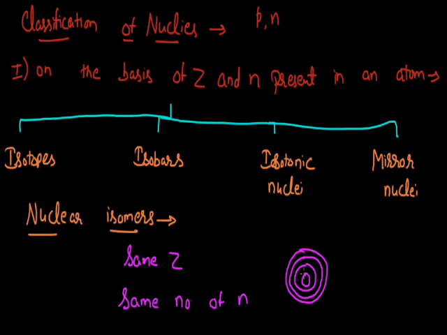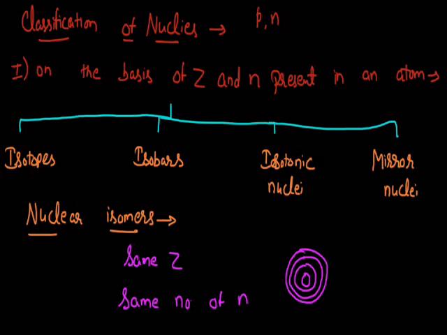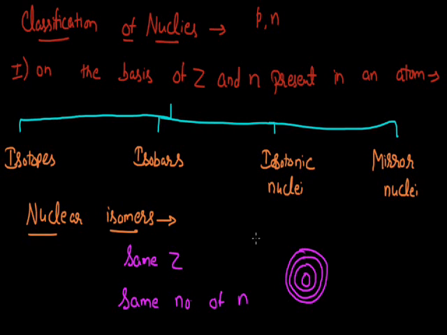Now if there are two nuclei which have the same number of protons and neutrons, meaning they have the same number of nucleons, but a different arrangement of protons and neutrons in the nucleus, then these two nuclei will be termed as nuclear isomers.